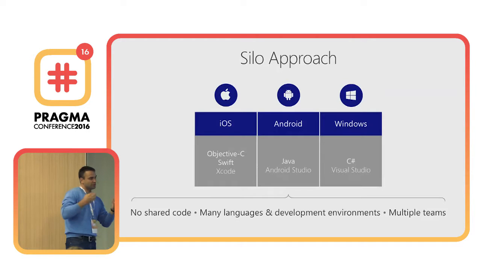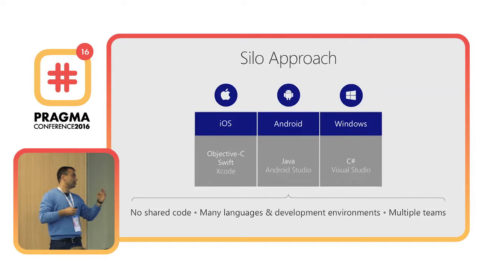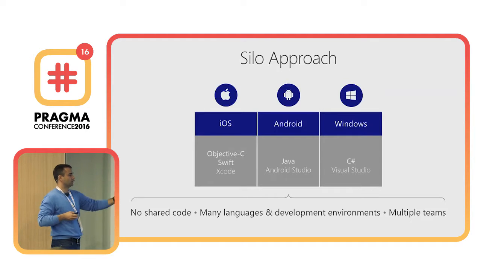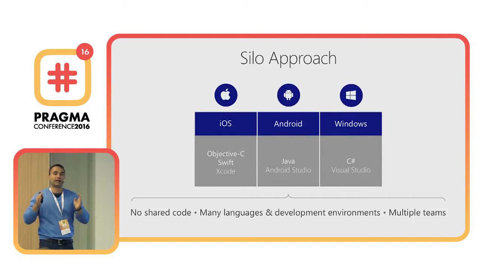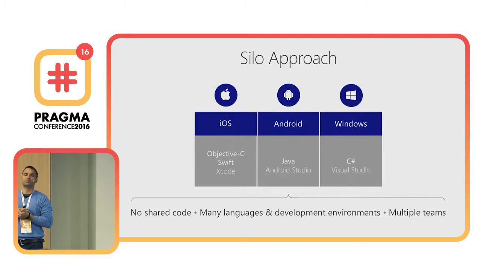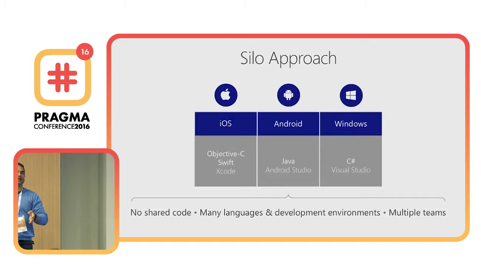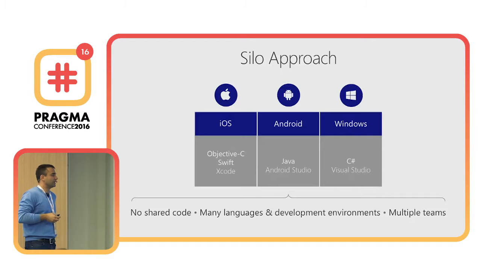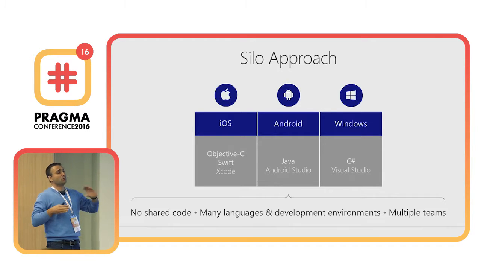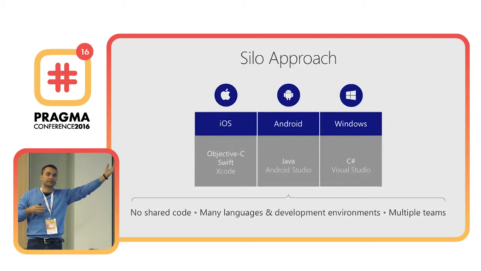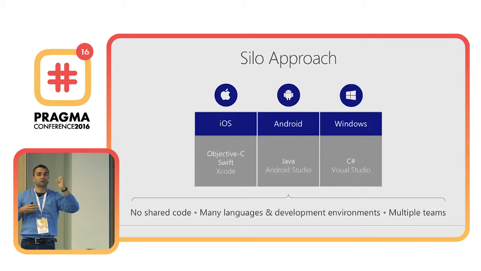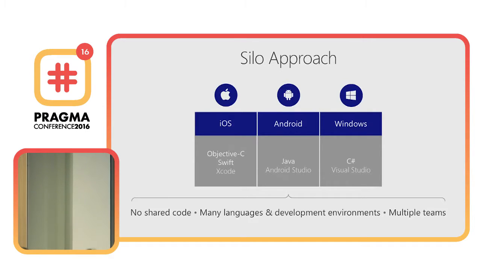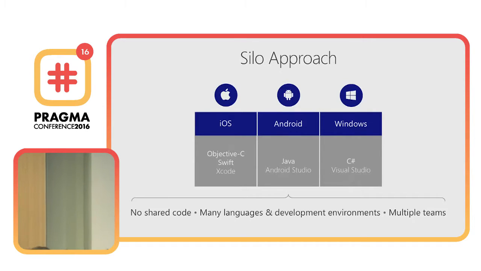You cannot share code directly from, let's say, Java to Swift, or from C# to Swift. Then you have to have multiple teams for each part of the application, and that part has to be validated. Let's say only for the communication part with the server. You have one web service, and then you have three teams that do the communication, so you have to validate and develop and fix the same thing three times.